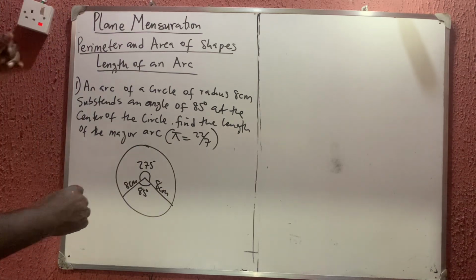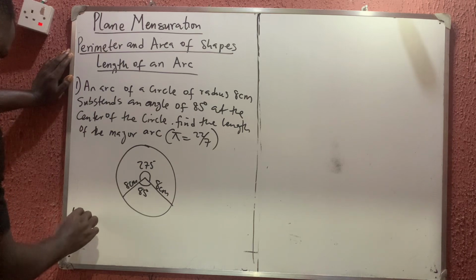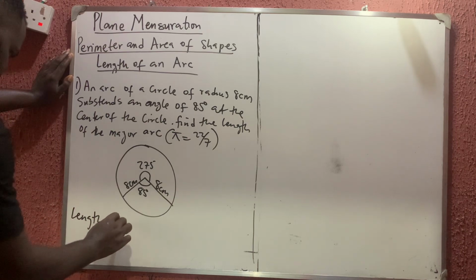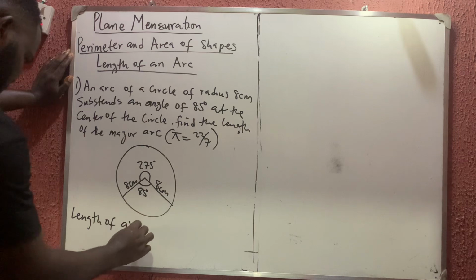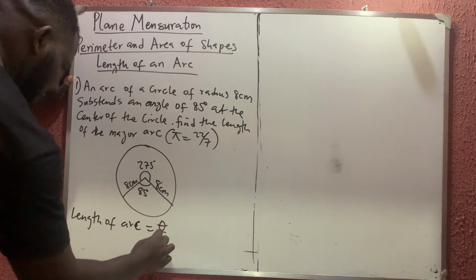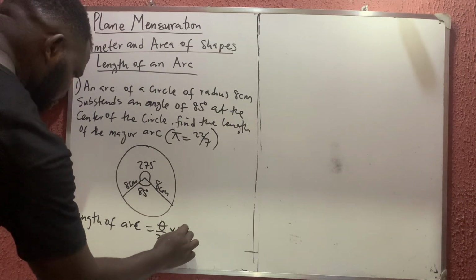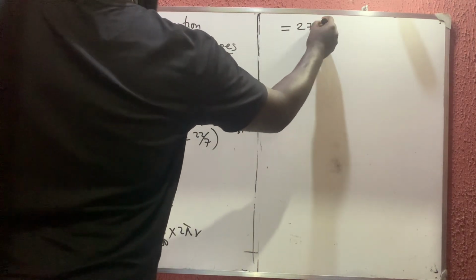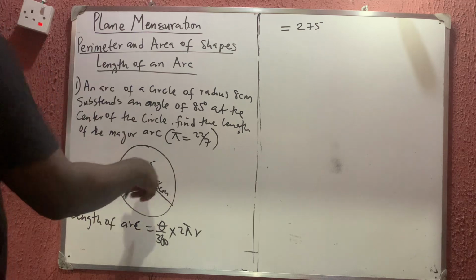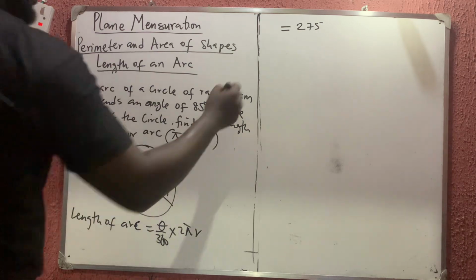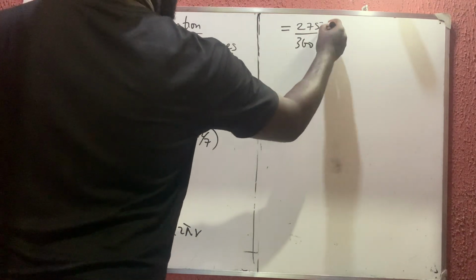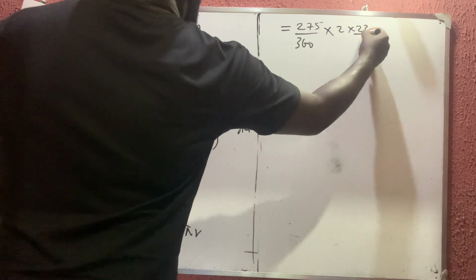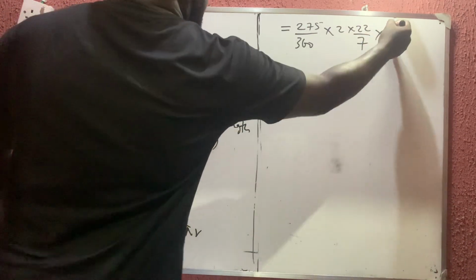So we tell them the length of an arc is equal to what? Theta over 360 times 2 pi r. So theta is what? 275, because we are talking about the big one, the major one, not the small one, over 360 times 2 times 22/7 times the radius here, which is 8.